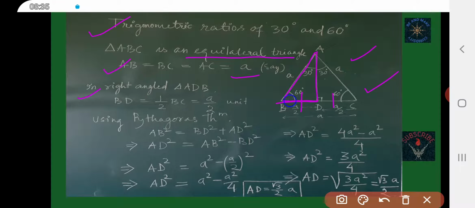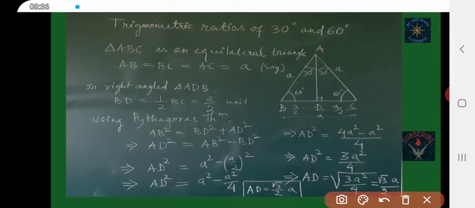So BC is equal to A. Then BD equals A by 2, half of BC.